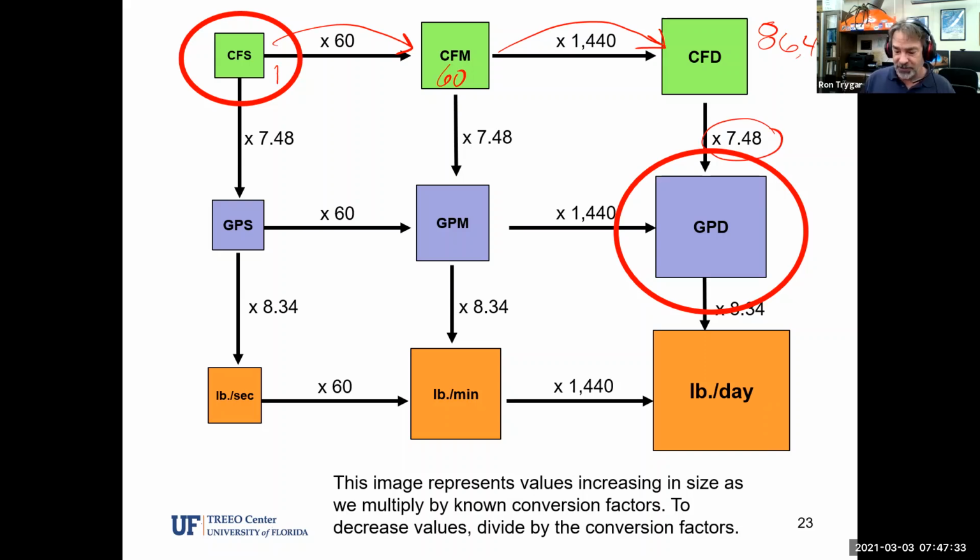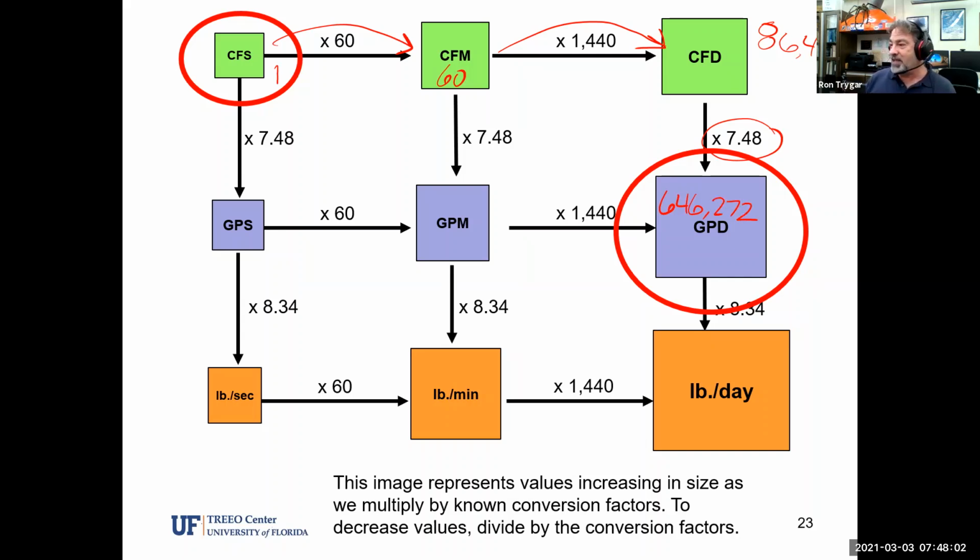So 86,400 cubic feet in a day, multiplied times 7.48 gallons per cubic foot. Now all of a sudden I come up with a number that looks like this: 646,272 gallons per day. That's a lot of water, gallons per day.